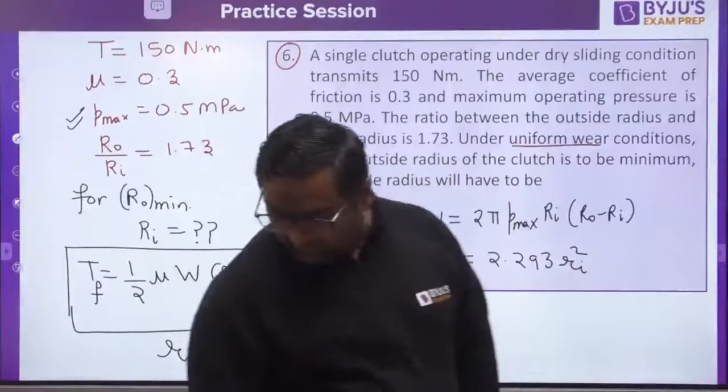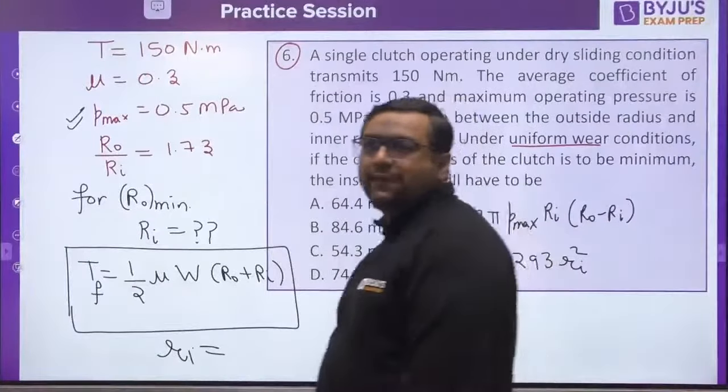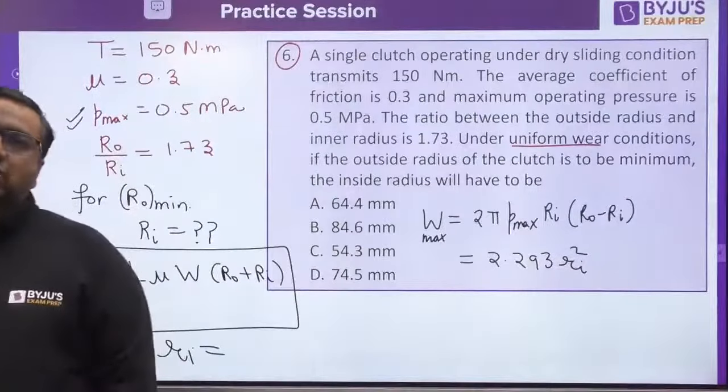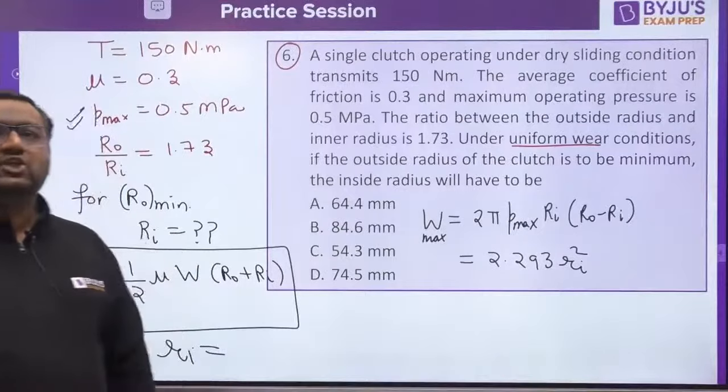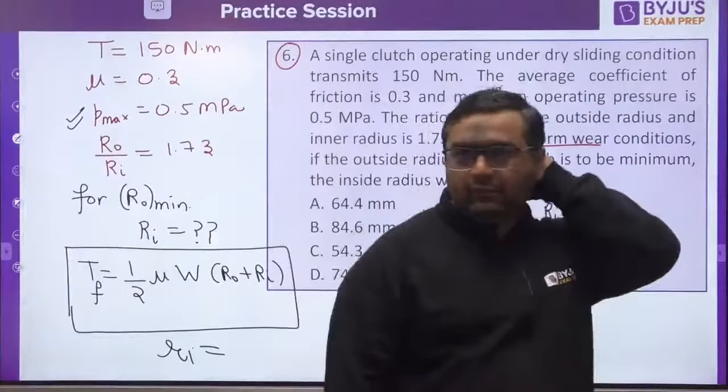Okay, Rohan is saying 54.3. Okay. What about others? Captain Raj, Loga Vignesh, Kalpesh.